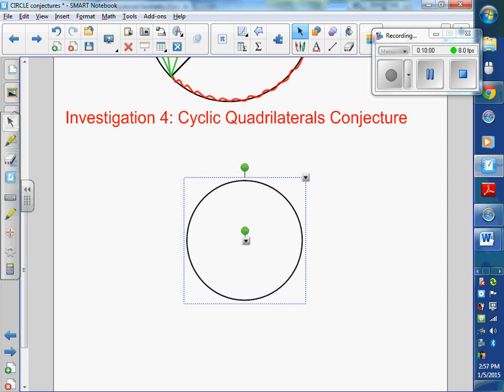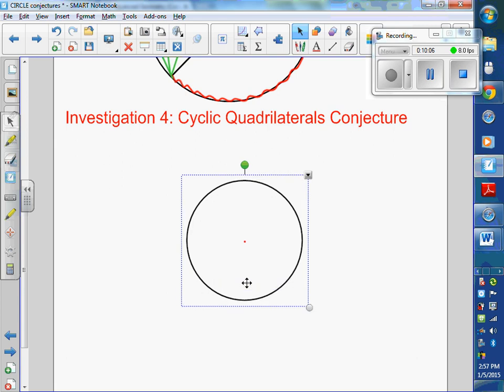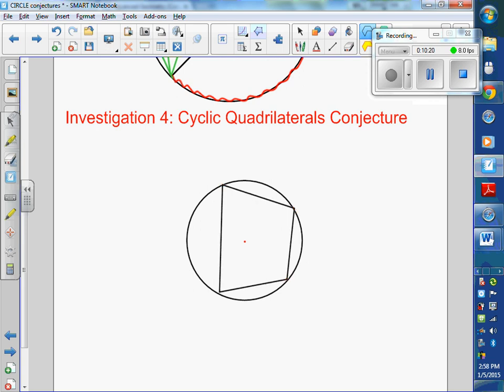That's a circle, and I'm just going to group it with its center so I don't lose it. A cyclic quadrilateral is a quadrilateral with all 4 vertices on the circle. Doesn't have to be regular, could be, but it doesn't have to be. So that would be a cyclic quadrilateral right here.